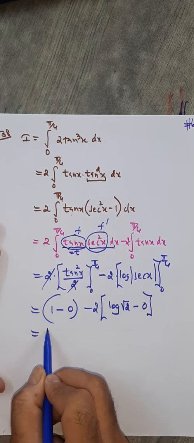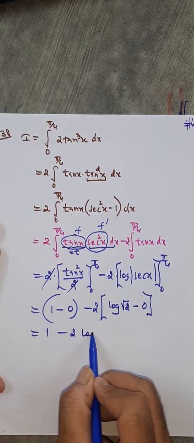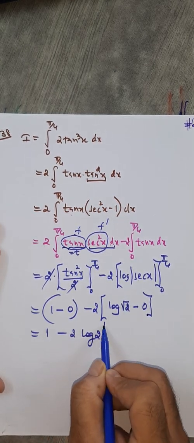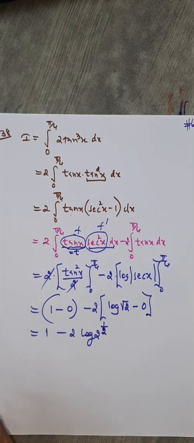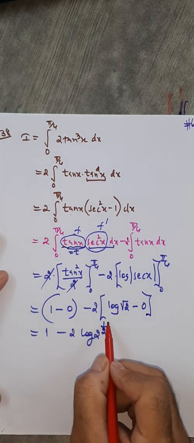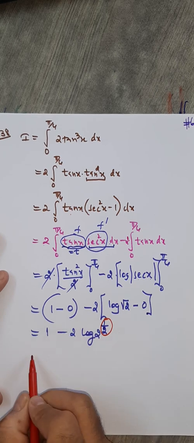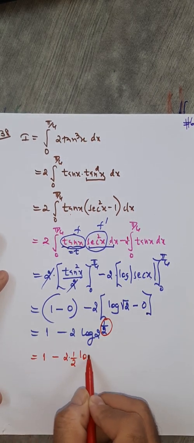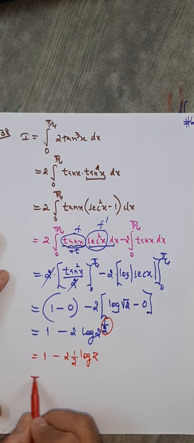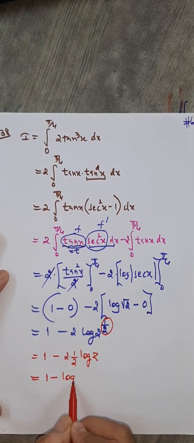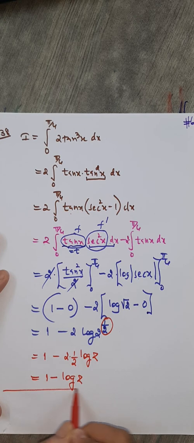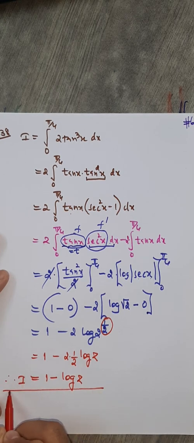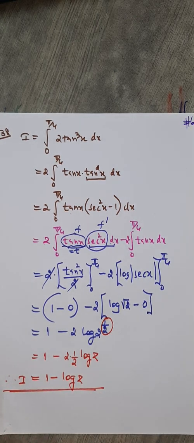So we are getting 1 minus 2 into log of root 2, which means raised to 1 by 2, and this 1 by 2 will come in product. So 1 minus 2 into 1 by 2 into log 2. So you have 1 minus log 2. That's your RHS.